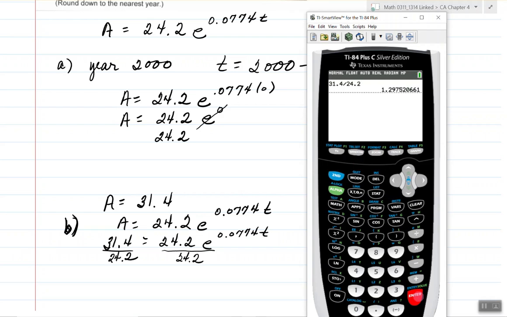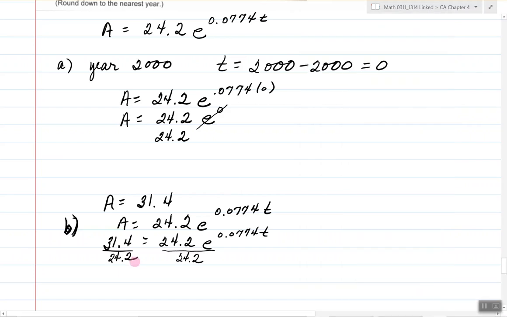Well, that's a pretty messy number. Maybe I'll just leave it like this, and I will have e to the 0.0774 t is equal to 31.4 over 24.2.